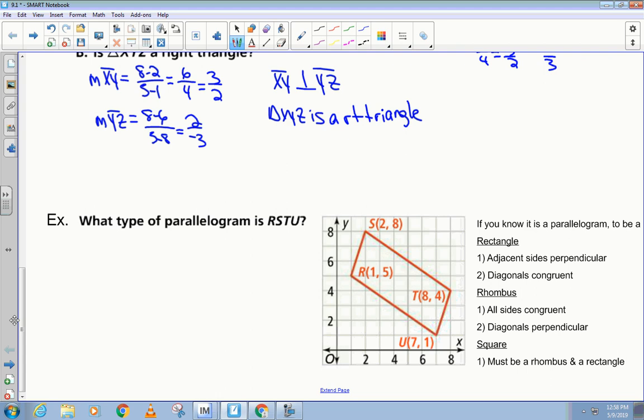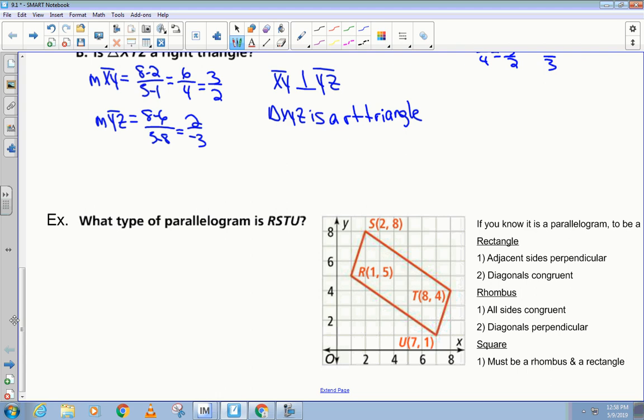They're not perpendicular and they're not congruent. They bisect each other, which means they have the same midpoint, right? So if two things bisect each other, they have the same midpoint. So keep that in mind, okay? Now, if we know it's a parallelogram, then you can determine more easily if it's a rectangle, a rhombus, or a square.